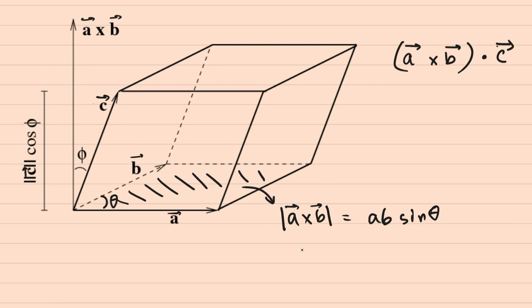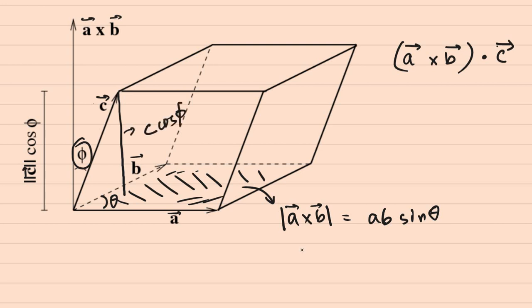So what's going on? A cross B is going to be this, right? The bottom surface right here. And then in order to find the volume, you need the height. If this angle is given by phi, then this height here is given by c cosine of phi.